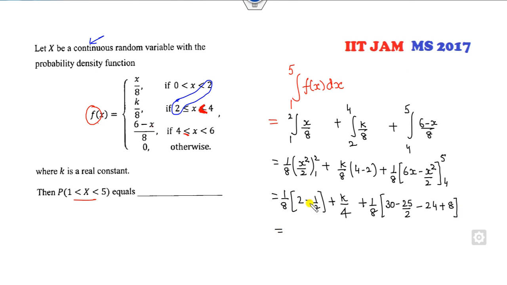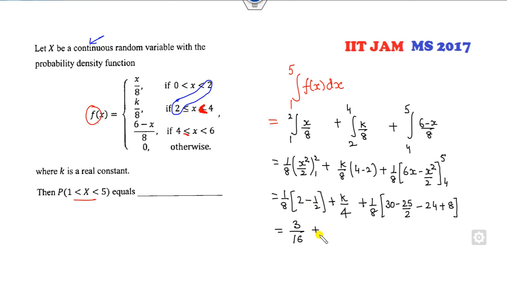Now what is that? It's 4 minus 1, 3. So there is unknown k. How can you find the unknown k? I can convert this into the CDF. That could be easy for us. Fine. Okay. So 4 minus 1, 3 by 2. So it's 3 by 2.